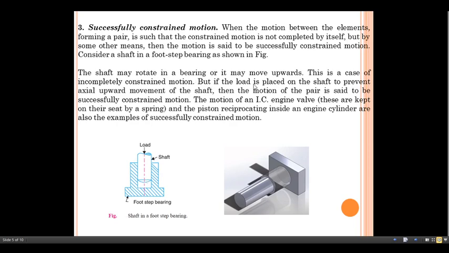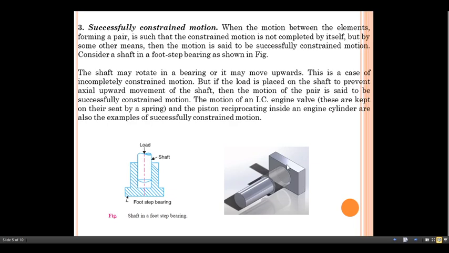But if the load is placed on the shaft to prevent the axial upward movement of the shaft, then the motion of the pair is said to be successfully constrained motion. Now if I put some load on this shaft, automatically the motion is restricted. Upward movement of this shaft is restricted because of application of external load here.